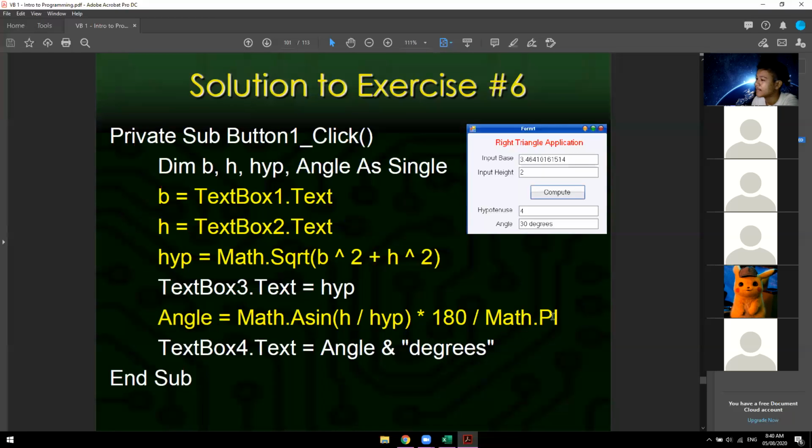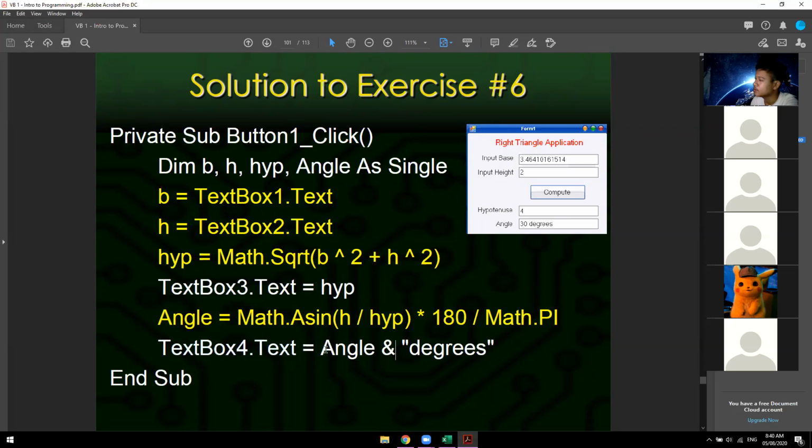Okay, so parang reverse to since yung nakuha mo dito or yung result nito is in degrees na. So, ibabalik mo siya into angle in radian. Okay. So, papansin nyo baliktad na to. 180 divided by math.pi. Hindi na math.pi divided by 180. Okay? And then, kung ano yung result nito, ipakita nyo lang siya dito sa text box 4.